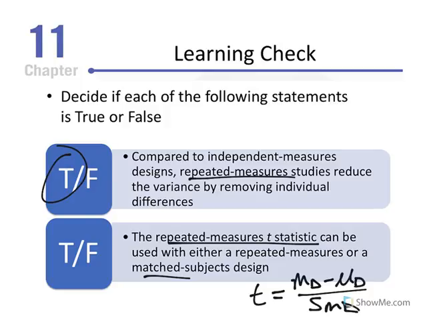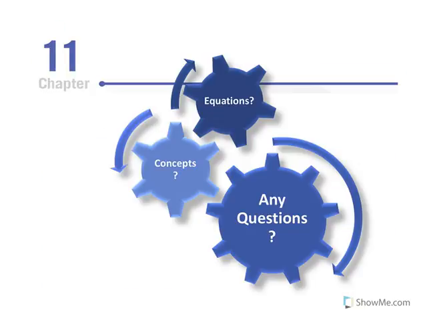They've been matched one for one, so we would treat them as if it's a pair or one individual in two different conditions. So again, for the repeated measures t-test and matched subject design, we would produce our t statistic using this equation. So this is a true statement as well.